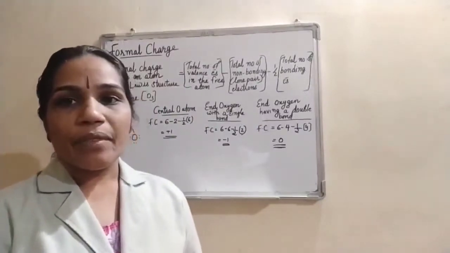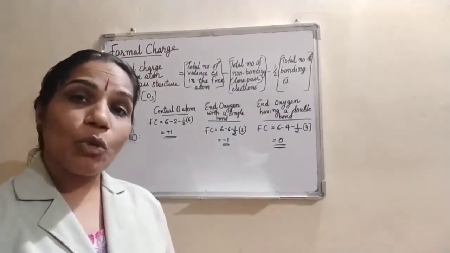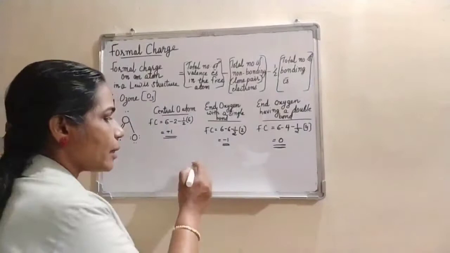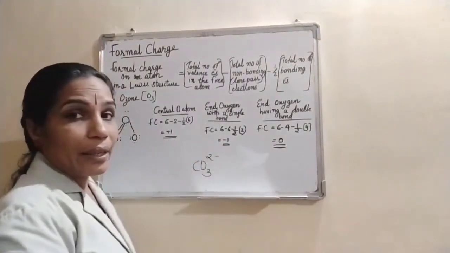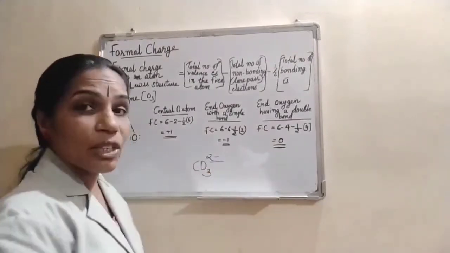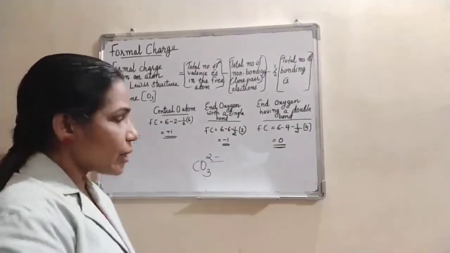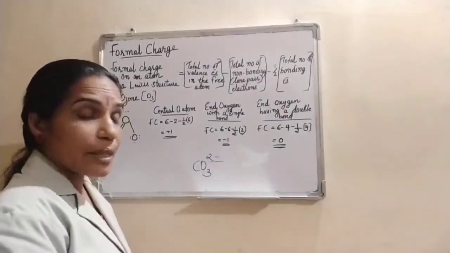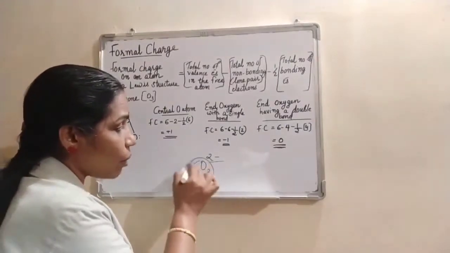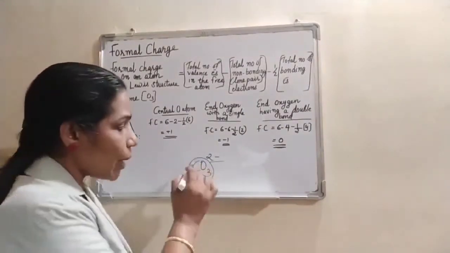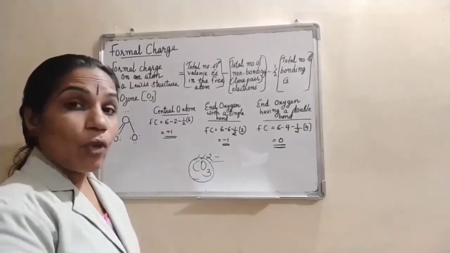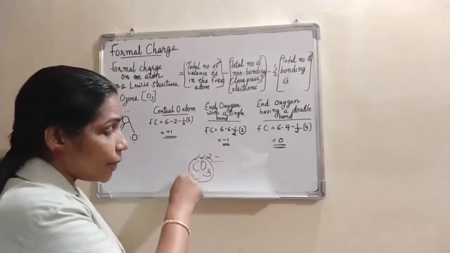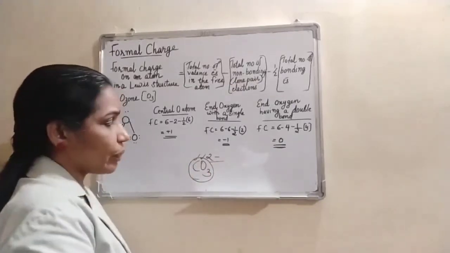Formal charge. Consider a polyatomic ion, CO3 2 minus. Here 2 minus is the net charge. This net charge is possessed by the ion as a whole and not by a particular atom. A formal charge may be assigned to each atom.